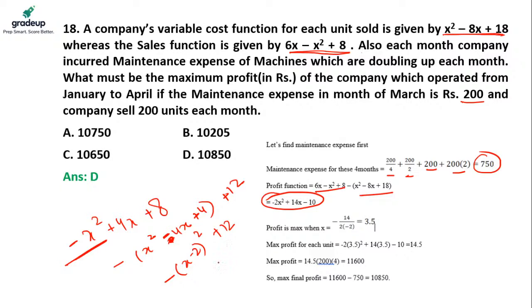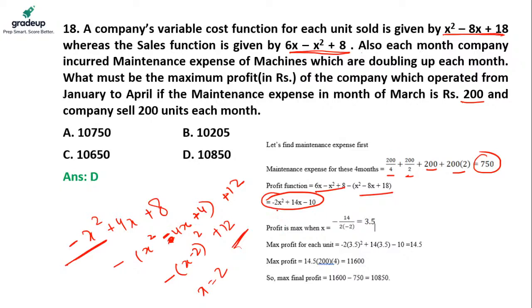Now this function will have a maximum value, and the maximum value would be 12. And when will it be 12? It will be 12 if x equals 2. Otherwise, if you keep on increasing the value of x, the value of my function will keep on decreasing. So if the coefficient of x square is positive, I will have a minimum value. If it is negative, then I will have a maximum value.